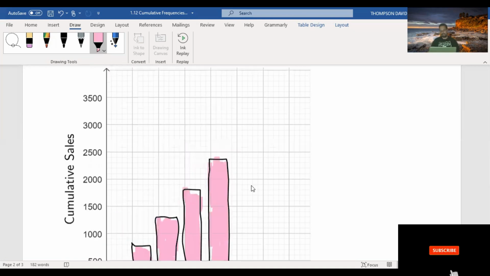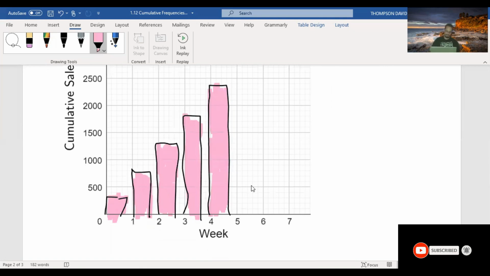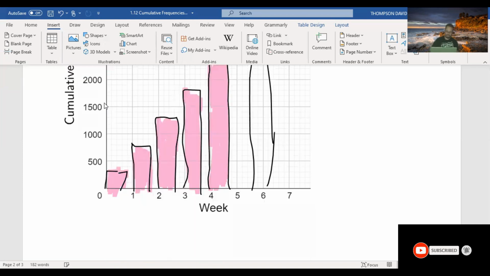So we have the next one, 3,080. This is 5, 4, 3, 2, and 1. And just fill it in.